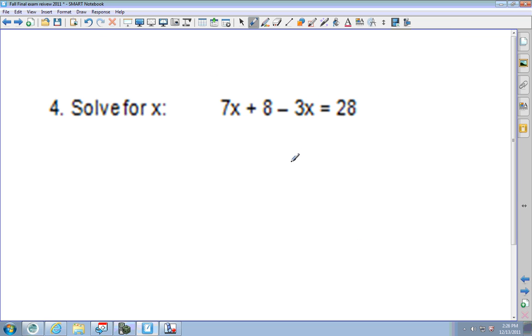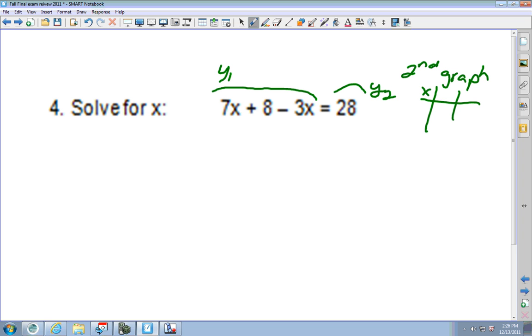Next one, you could do the same thing by putting the left-hand side into y1, right-hand side into y2, pressing second graph, and looking to see where the one spot where y1 and y2 are the same. You can do that. Now, the other way, I'm going to do it by hand. What I will do is look on the left-hand side right here. I'm going to put my x's together.